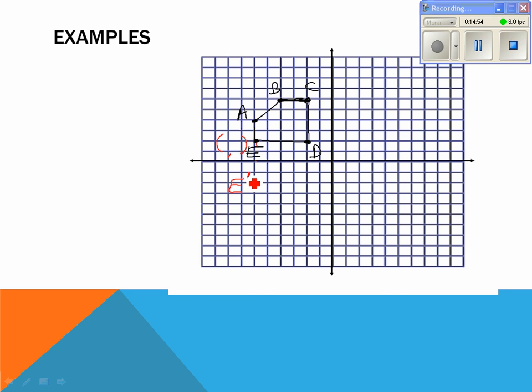Count for A, 1, 2, 3, 4. 1, 2, 3, 4. That's not going to be A, that's going to be A prime. D is 2 up, so 2 down. That's D prime. C is 2, 4, 6 up, so 6 down.